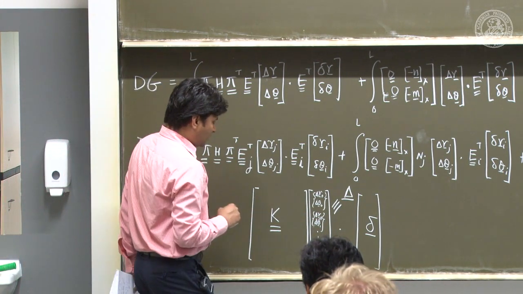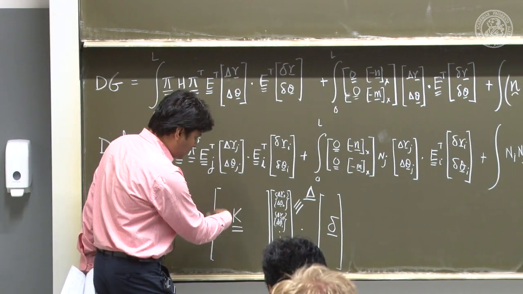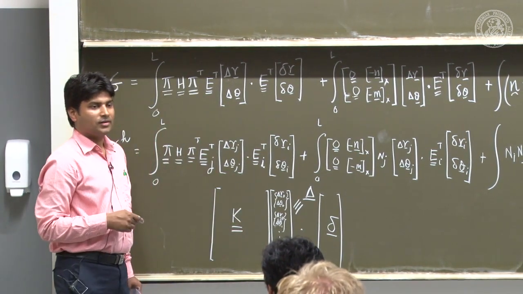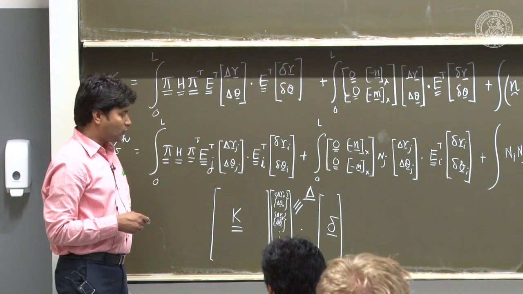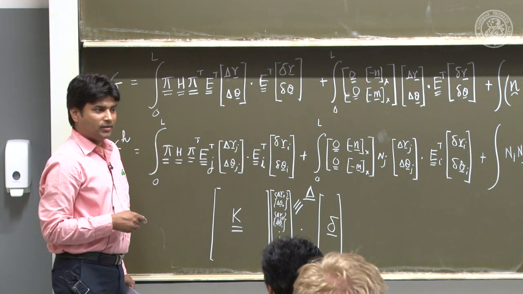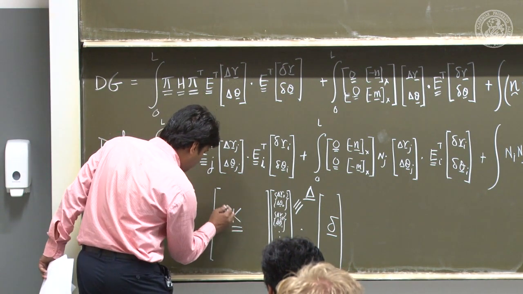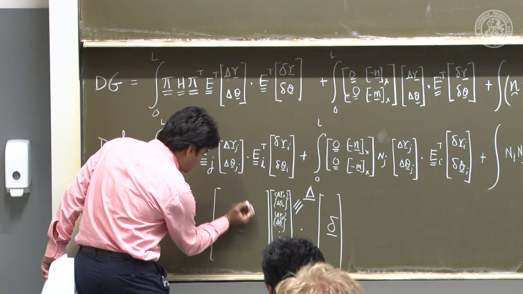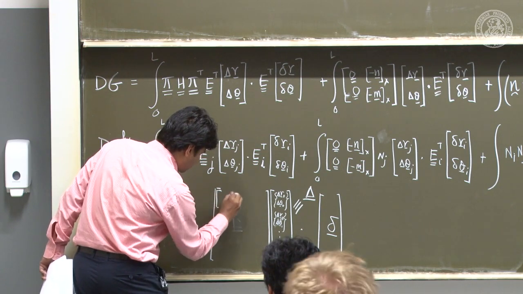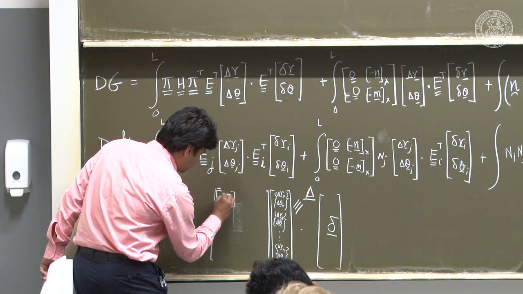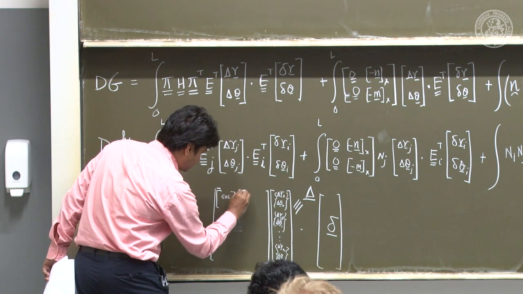So what do you think, how will this K matrix look? You can think of blocks of 6 by 6 matrices over here.